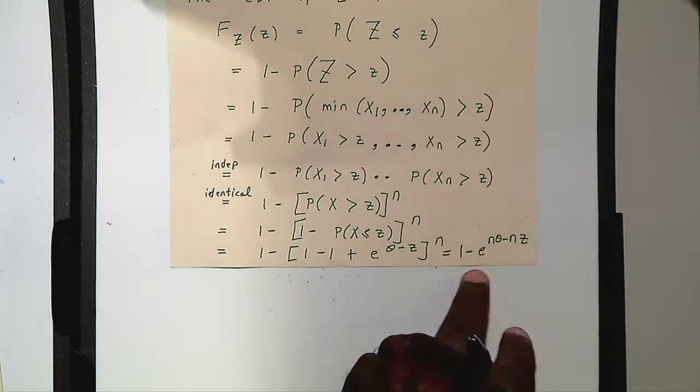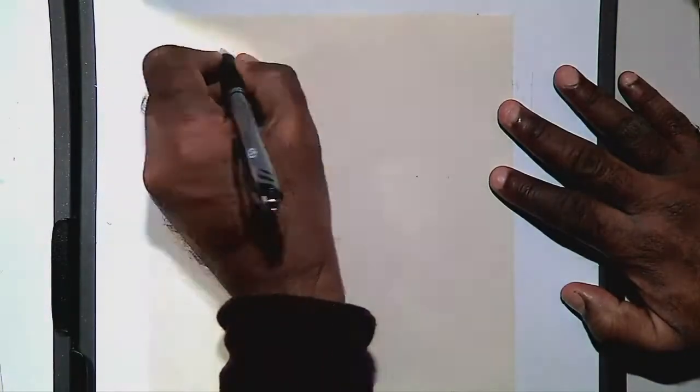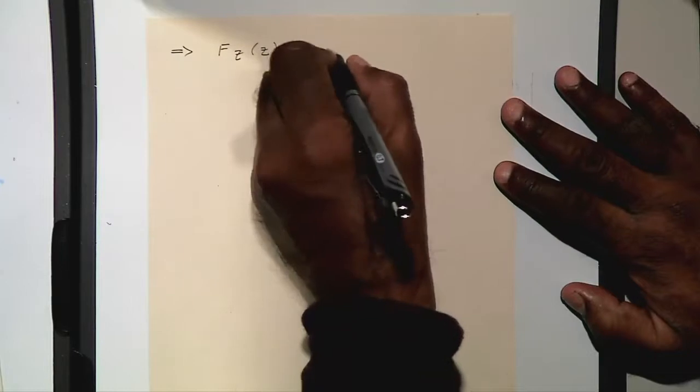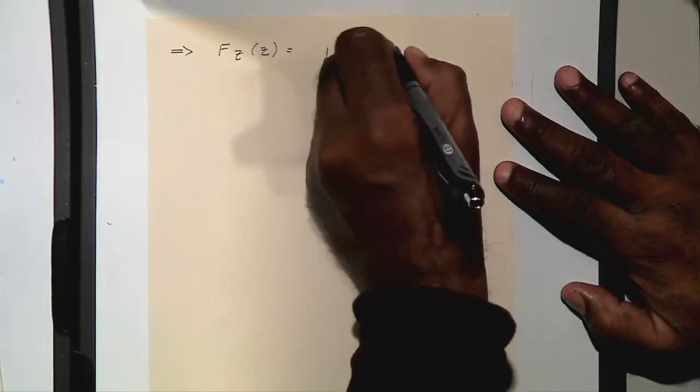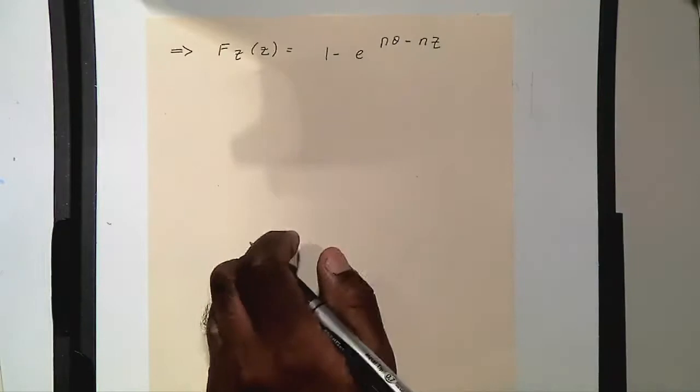All right, so this is the CDF of, so let me put it here. You can see it better maybe. All right, so to summarize what I've done so far, I have shown that the CDF of z is equal to 1 minus e to the n theta minus n z. Okay?